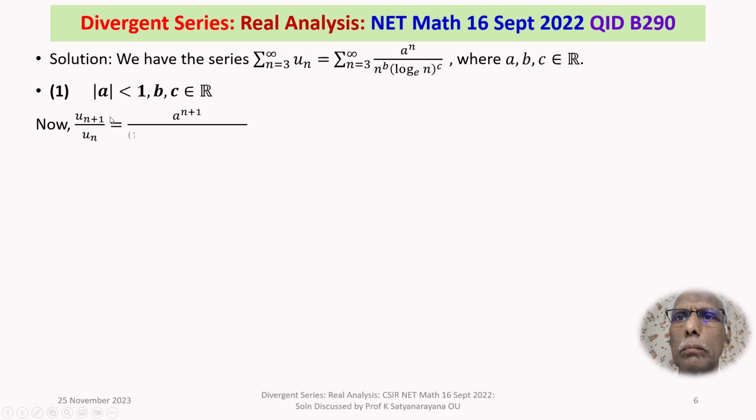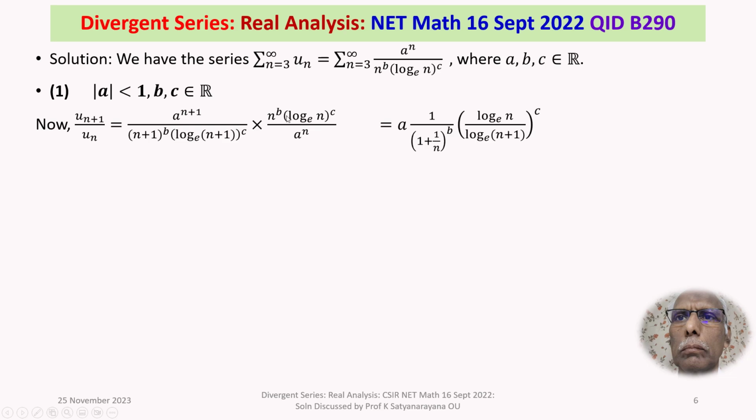Now we will consider un plus 1 by un. So we have written un plus 1 by un, and that is equal to a into the ratio of n plus 1 to the power b over n to the power b, which we write as 1 plus 1 by n to the power b, and this is log n to the base e by log of n plus 1 to the base e, whole to the power c.